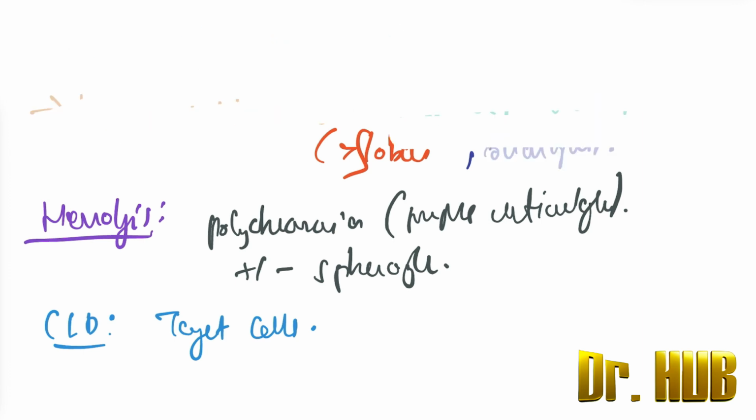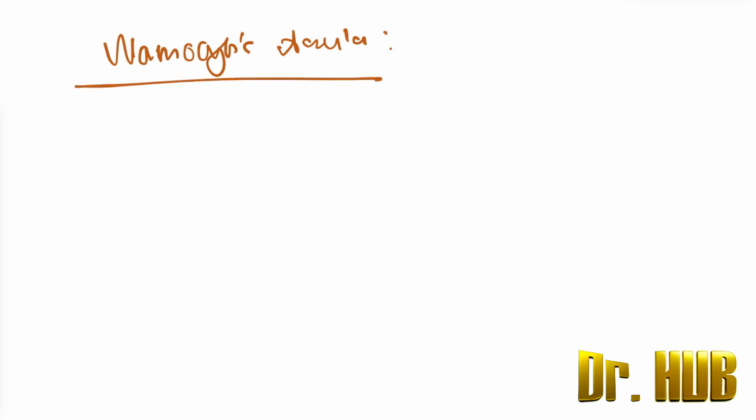Lastly, we will be looking at normocytic anemia. As per normocytic anemia, let's look at the diagnosis. The diagnosis here includes hemolytic anemia.